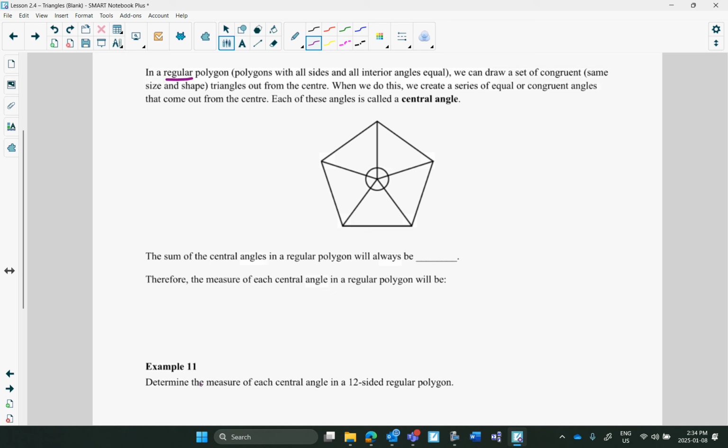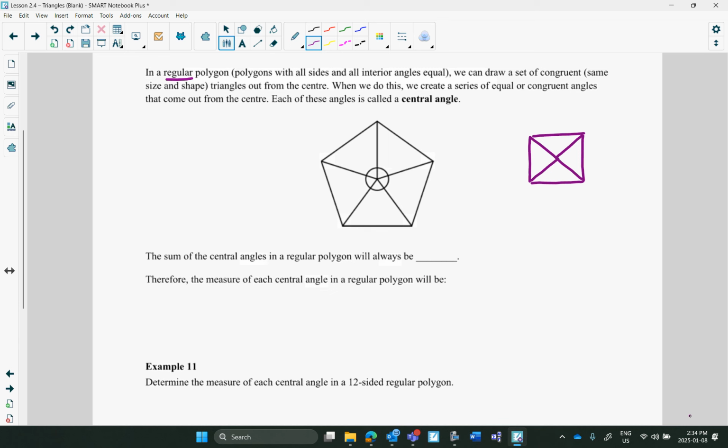In any regular polygon, you can draw triangles around the center of the polygon. So for example, if I had a regular 4-sided shape, which is a square, I could draw triangles like this. In a 5-sided regular polygon, 5 triangles.